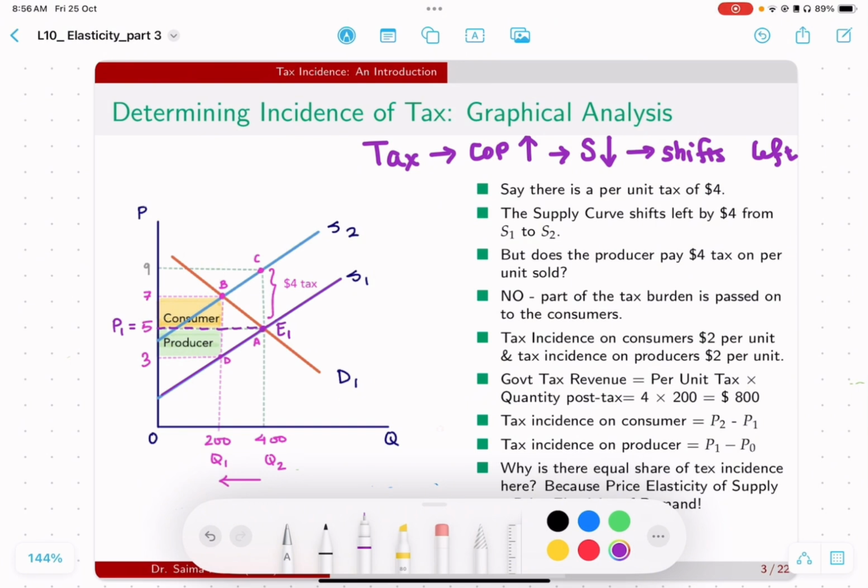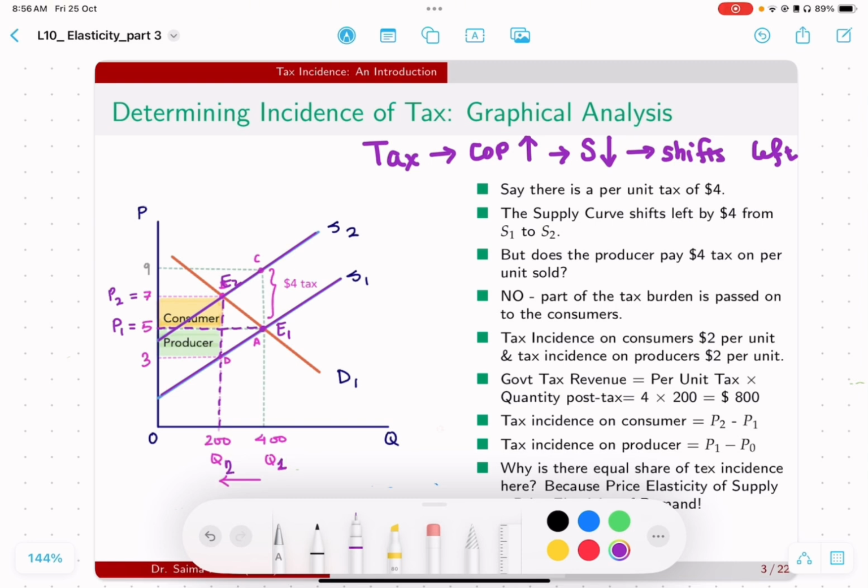When the supply curve shifts leftwards, it shifts from S1 to S2. Now we are at a new equilibrium, E2, and the price is going to be P2, which is $7. Of course, at the new equilibrium, the quantity being consumed and sold is going to be Q2.